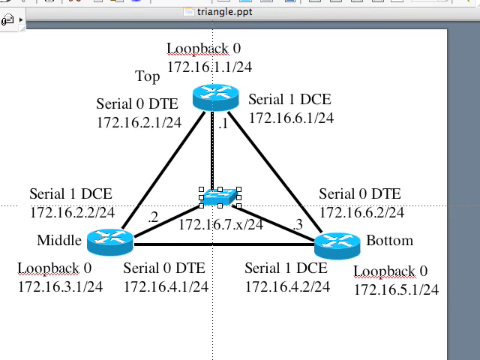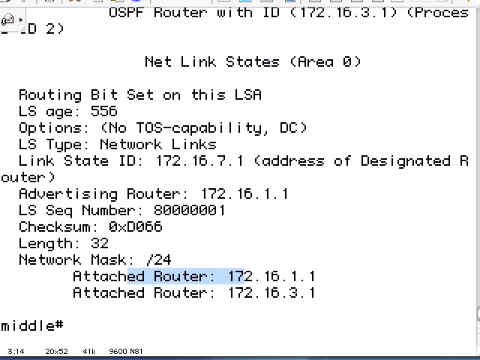So this is how the LSAs are saying, hey, this router is connected to this network, and this stub network, and this network, and this network. And this router, we have another router LSA saying it's connected to this network, and this network, and this network, and this network. And the network here has its own LSA, a network LSA.